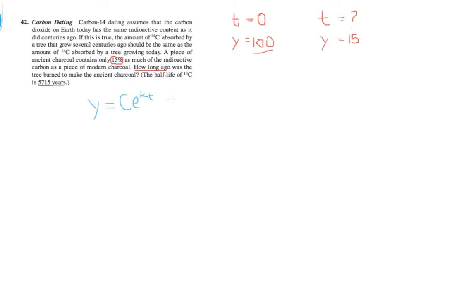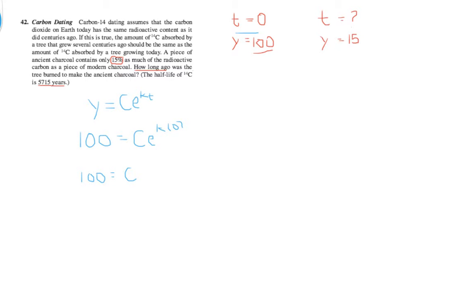When you're given t equals 0, do that part first. So you plug in 100 equals c times e to the k times 0. k times 0 is 0, and e to the 0 is 1. So you're left with 100 equals c.